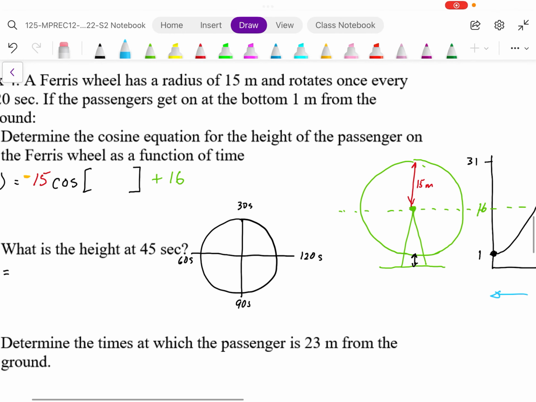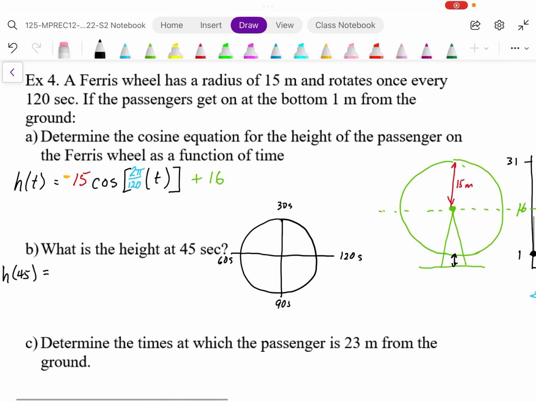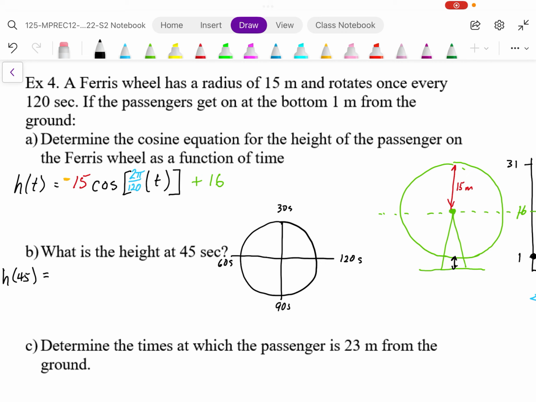Well, if that's the case, then I can write this in my cosine equation. I can just write this using the b of 2π over 120, where the 120 represents the period. And so that's going to be times t. So that blue represents my horizontal compression factor. And this then is the equation of the Ferris wheel, the height of the Ferris wheel as a function of time.